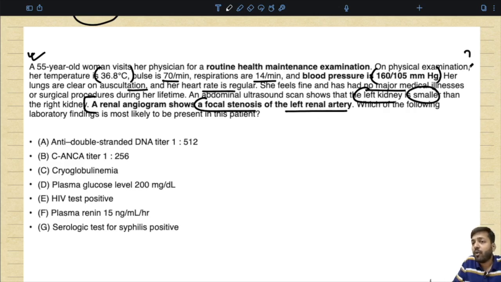Now, what is very important? This is a very important next-step based question. So over here we have to identify whether this is a question of primary or secondary hypertension. As you can see, a particular cause has been identified.